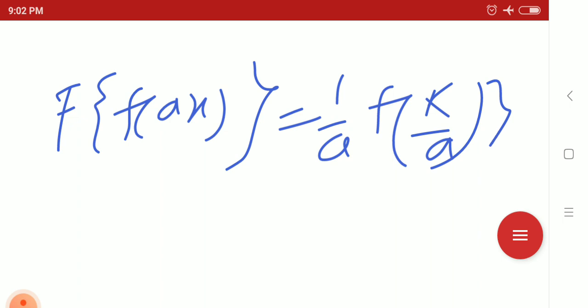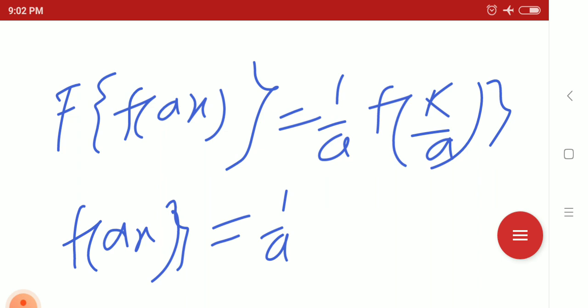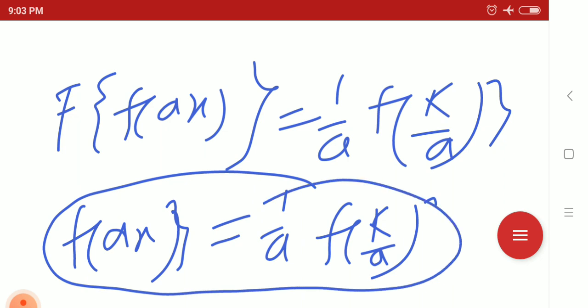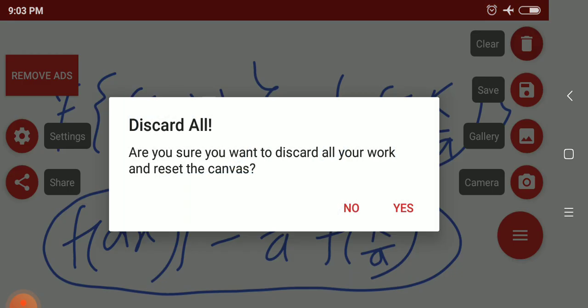This is property 2. That means the scale is changed. This is the change of scale property of Fourier transformation.